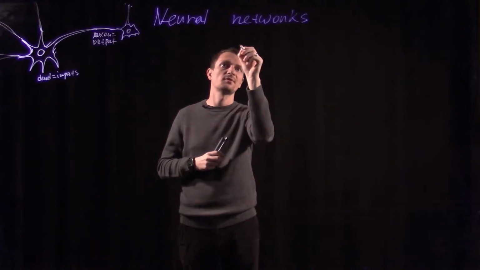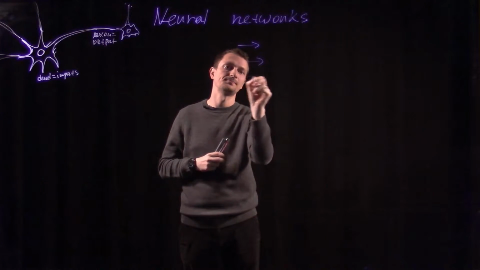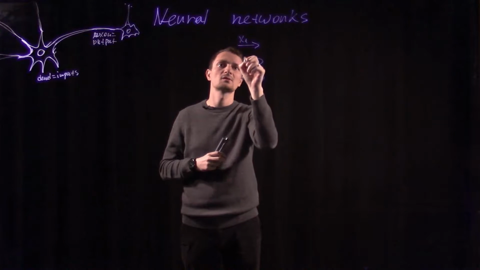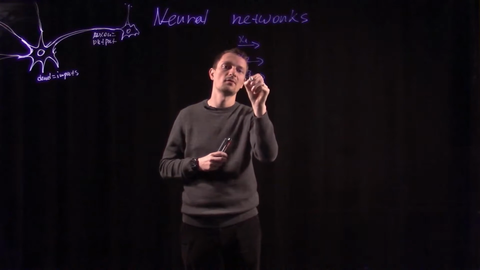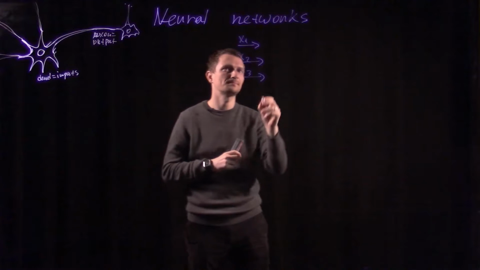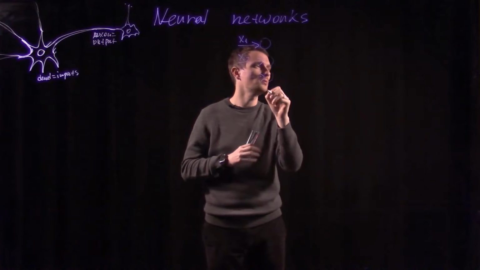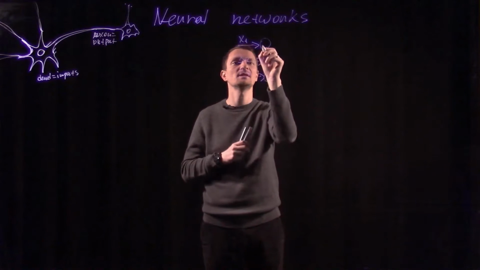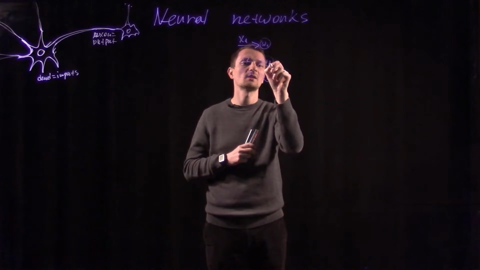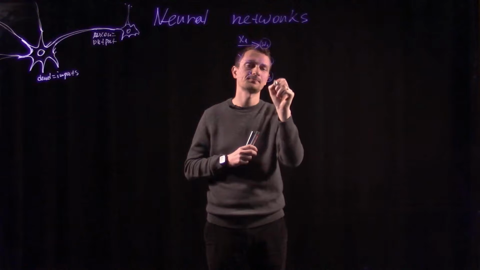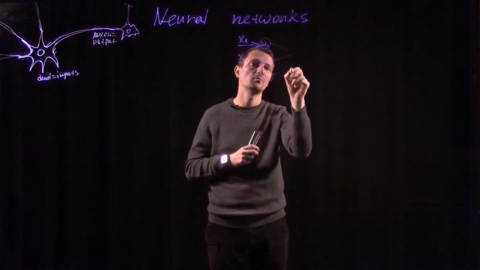So let's start from the left. We have inputs. Let's name them x1, x2 and x3. For this case we have only 3 inputs. Then we have so-called weights. We will talk about later what they mean. Let's say we have 3 weights, and then we combine them.